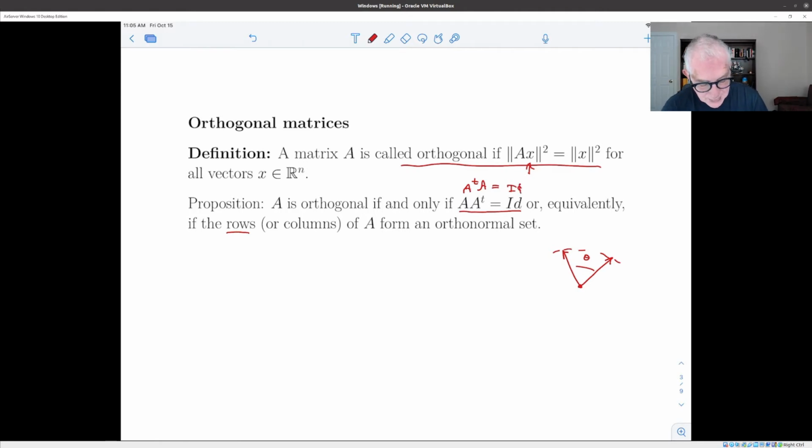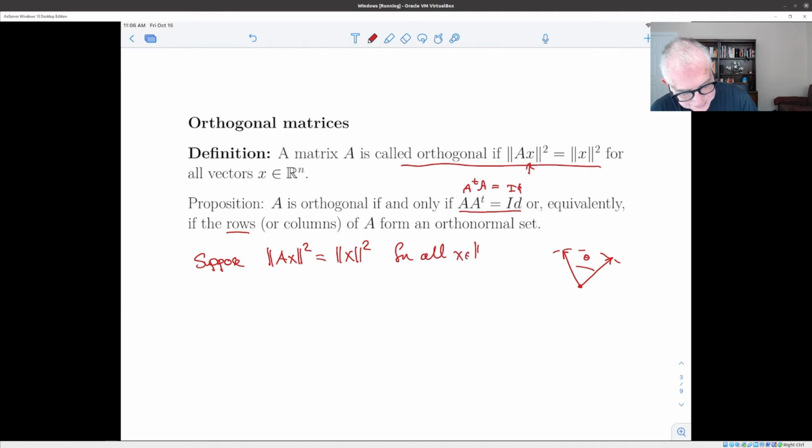So let's start by assuming, so we need to prove this if and only if statement. So let's first assume that A has this property, that the norm of Ax squared is the norm of x squared for all x in Rn.